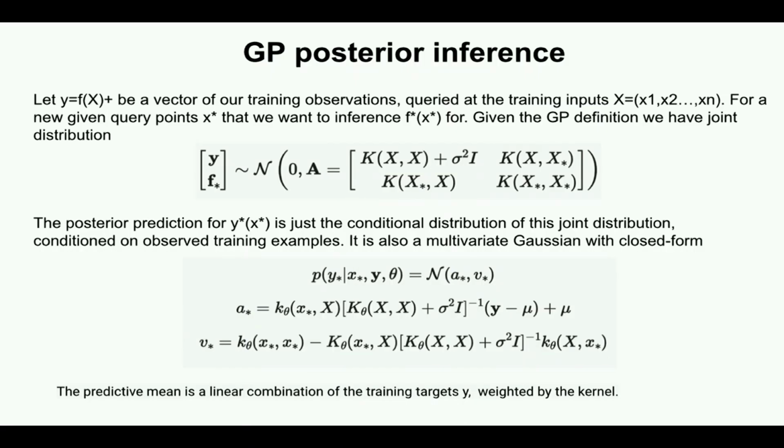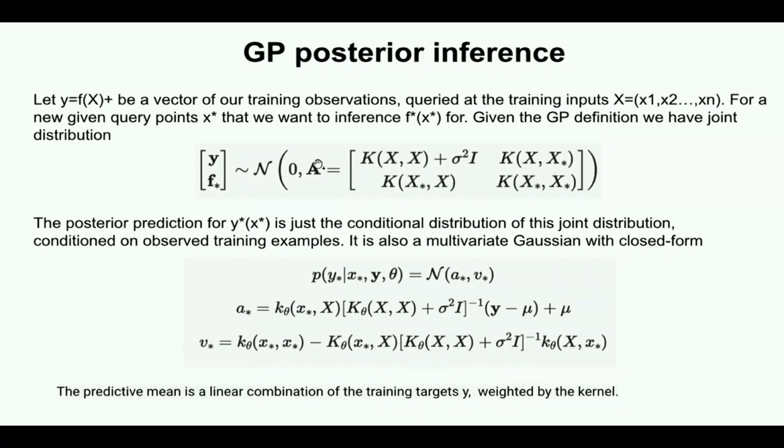So assuming that this data set of x and y is given, now you give a new set of points x star, and we ask the question: what is the predicted value for x star? As I said, if we assume that all of the points in the training data and the new point x star comprise Gaussian processes, then they should have this joint multivariate Gaussian probability.